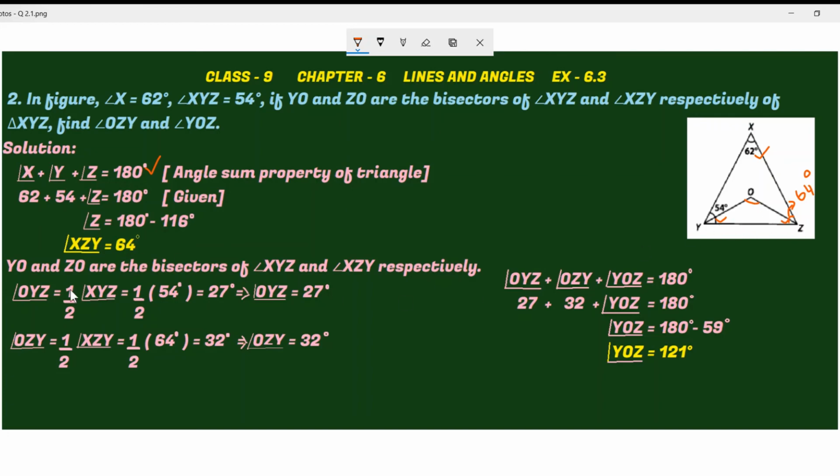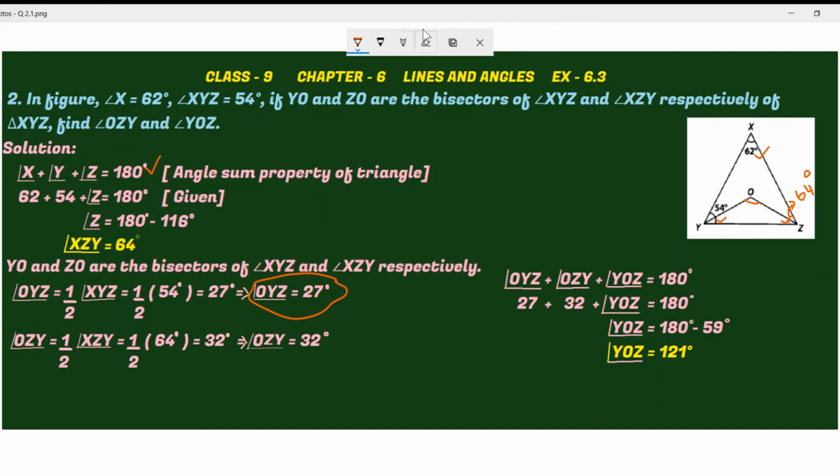So I have written here: YO and ZO are the bisectors of angle XYZ and angle XZY respectively. So angle OYZ is half of angle XYZ. XYZ is already given in the question, which is 54 degrees. Half of 54 is 27 degrees. So OYZ is 27 degrees.